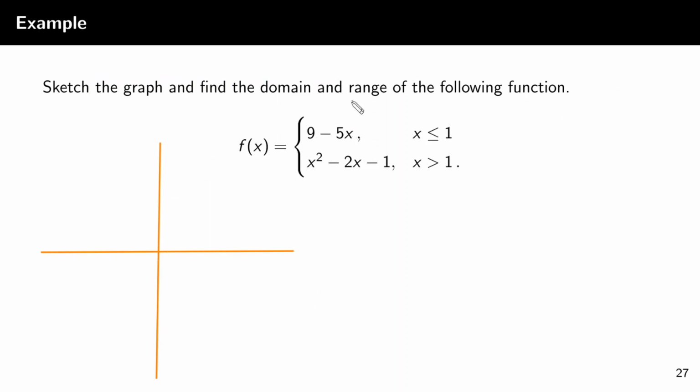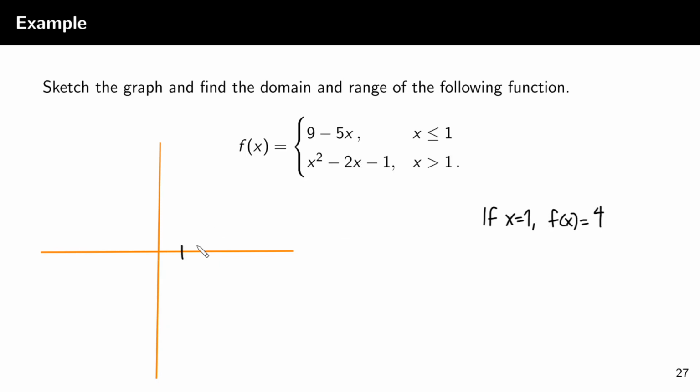So let's sketch the graph and find the domain of that function that we wrote. Okay, that's the same function here. Nagbabago yung function at x equals 1. Suppose x equals 1 is here. Now when x is equal to 1, f of x is equal to 9 minus 5x, and that's equal to 4.